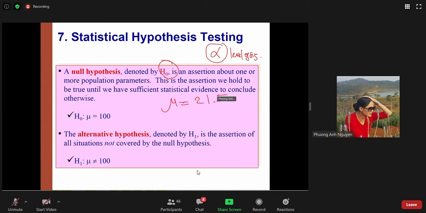That is an example of the null hypothesis, a statement about the population parameter mu. It is my opinion.